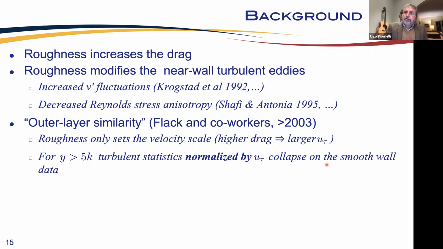So the effects of roughness are first to increase the velocity scale, to increase u tau, and second, to change the distribution of the Reynolds stresses, for example, but only in a layer that's not very thick compared with the boundary layer thickness.